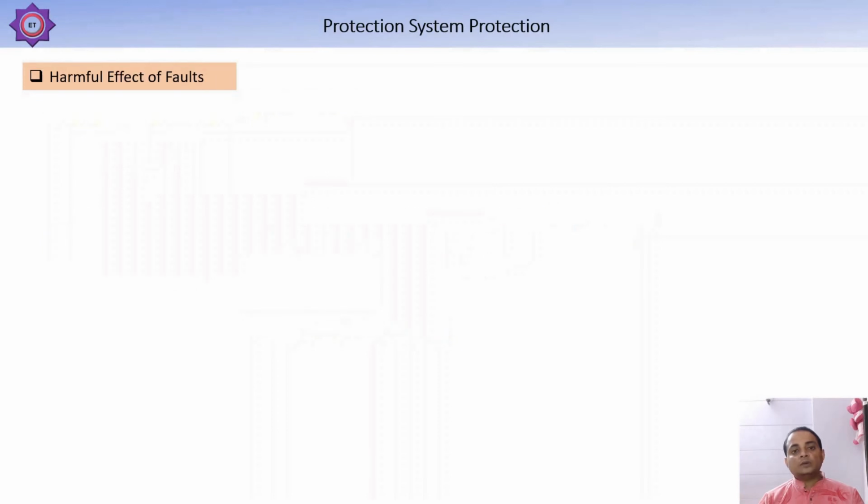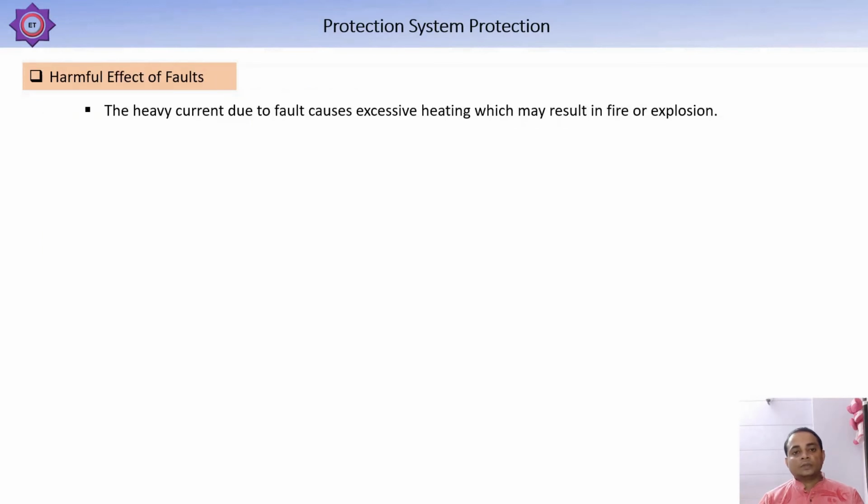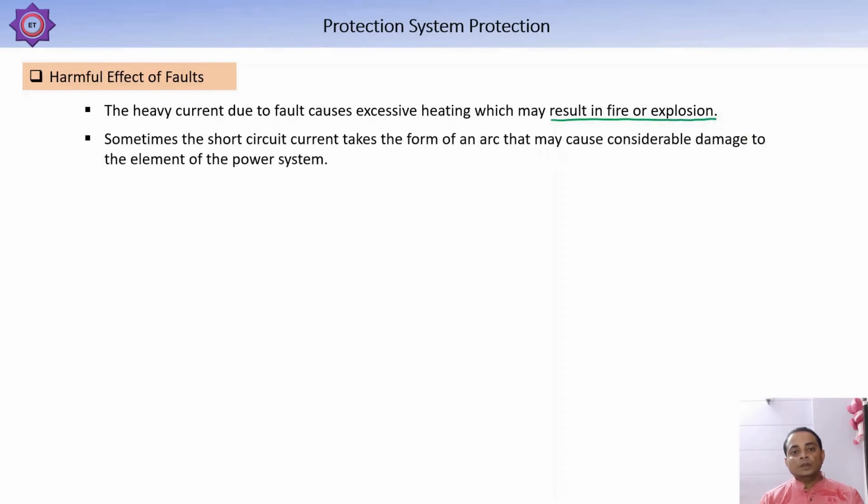Now we discuss the harmful effects of faults. Heavy current due to a fault may cause fire or explosion, and may also damage some of the elements of the power system.